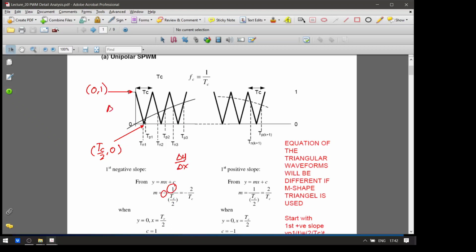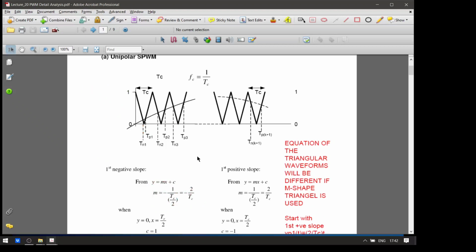It is negative because you have 1 minus 0 for delta y, and 0 minus TC over 2 for delta x. So the slope m equals minus 2 over TC.